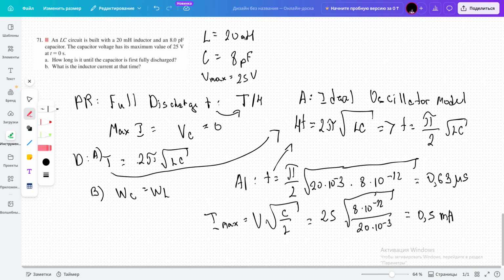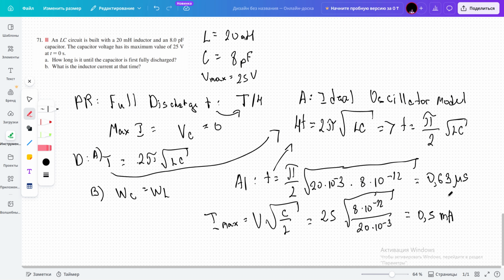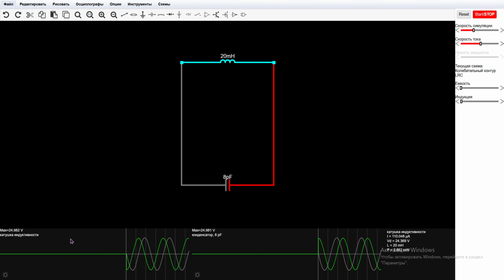So in the data analysis phase, let's check Falstad first. Our time is 0.63 microseconds. Let's check the discharge time.